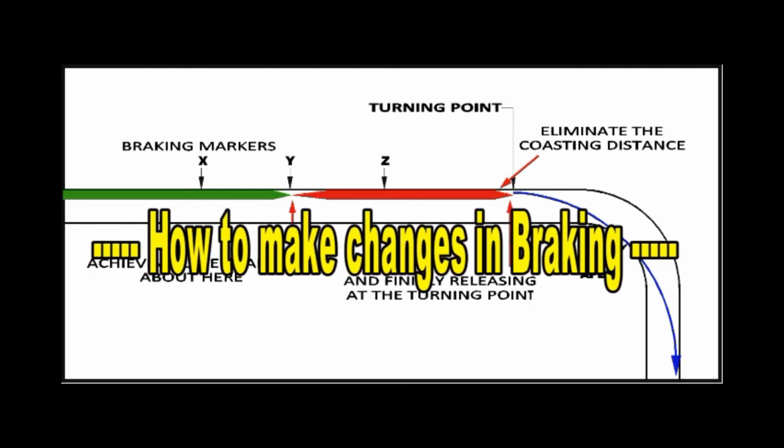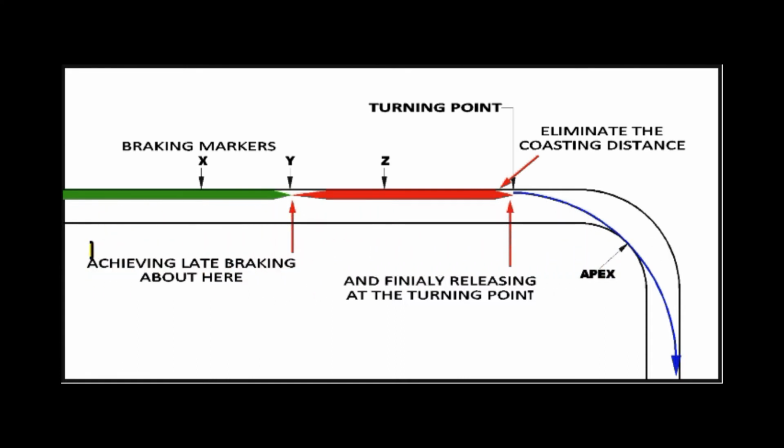Changing your braking. There are two ways to change your braking. One is to reduce your braking pressure and not slow down as much, or reduce the distance that you are on the brakes. Well, the first one, reducing brake pressure, will work, but it leads to other side effects.